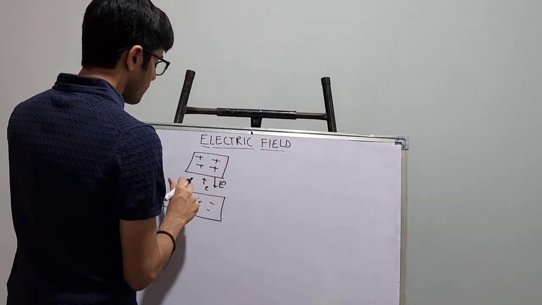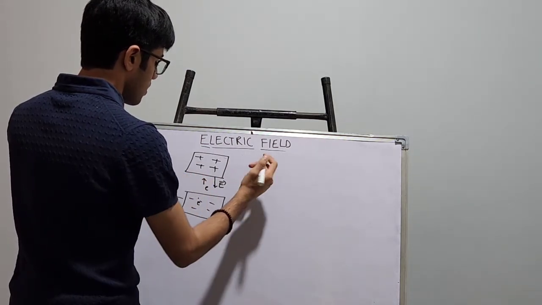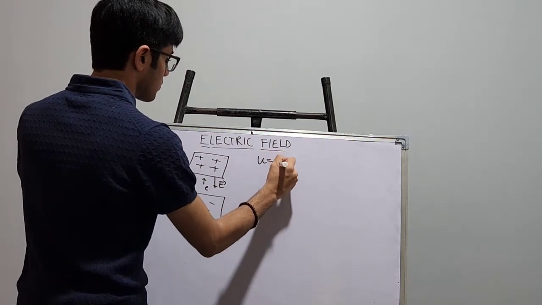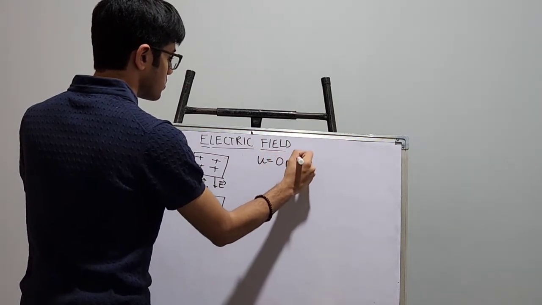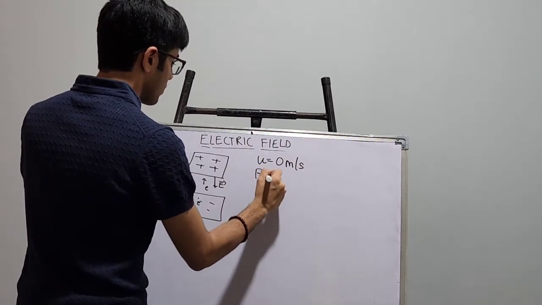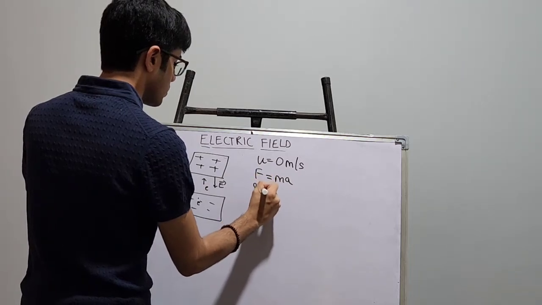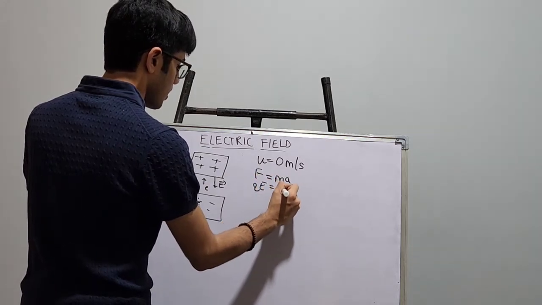So if we need to calculate the time taken for the electron to reach upwards, we know that initially the electron was at rest. So initially its speed was u is equal to 0 meters per second, right? And the force acting on this electron is F is equal to ma. F is nothing but QE is equal to ma.